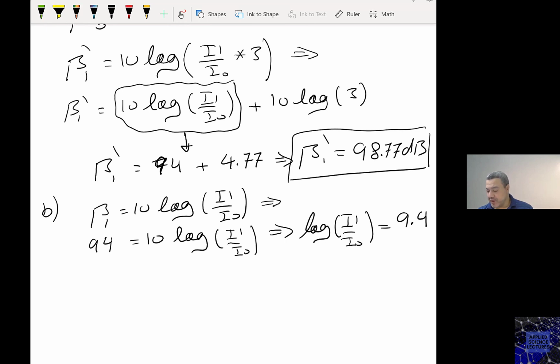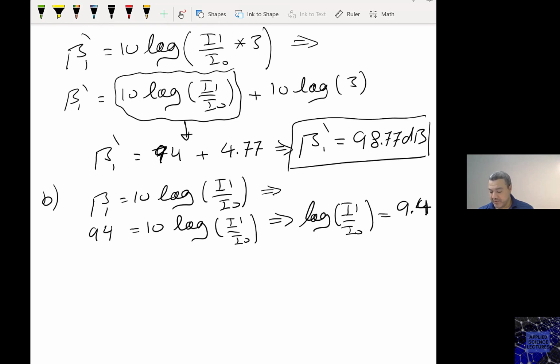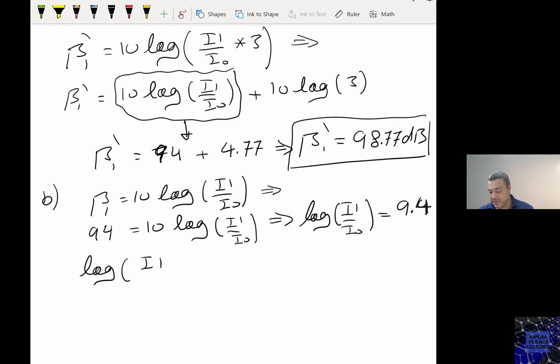Now let me show you here how we moved to the next step. This is an intermediate step here, I1 over I0.